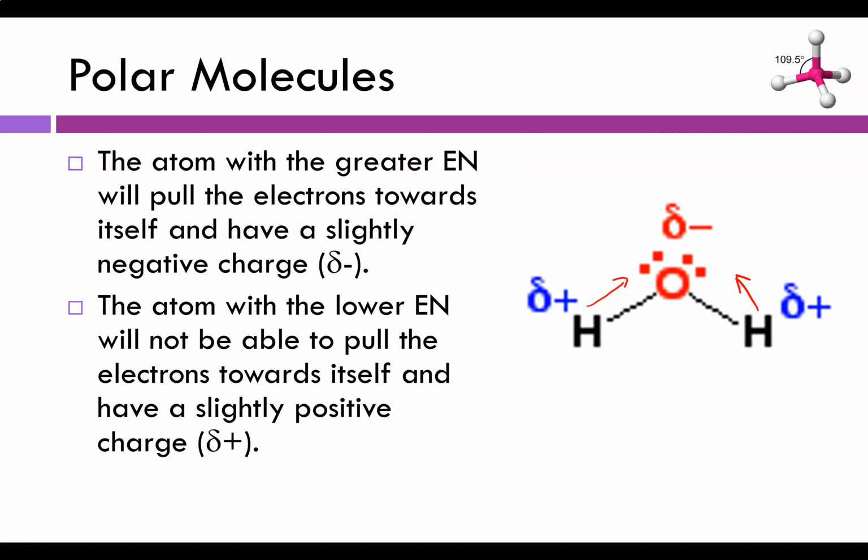Basically, this just means that polar molecules, such as water, will attract one another. They'll behave like little magnets, where the oxygen side of one water molecule will be attracted to the hydrogen side of another water molecule. And when we start talking about solids, liquids, and gases, we will look more at the consequences of those attractions.